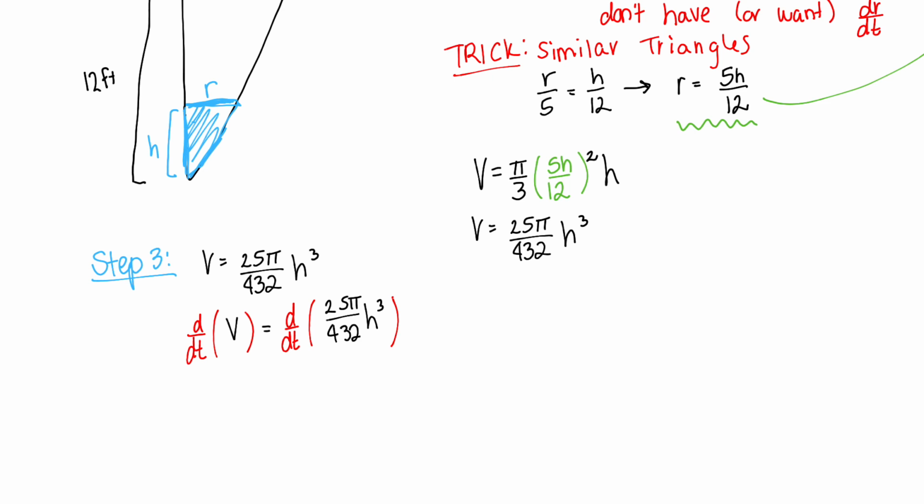There we go. So the derivative of volume would be dV/dt. And then 25 pi over 432, that is just a number, so it'll stay out front. The derivative of h cubed would be 3h squared dh/dt.